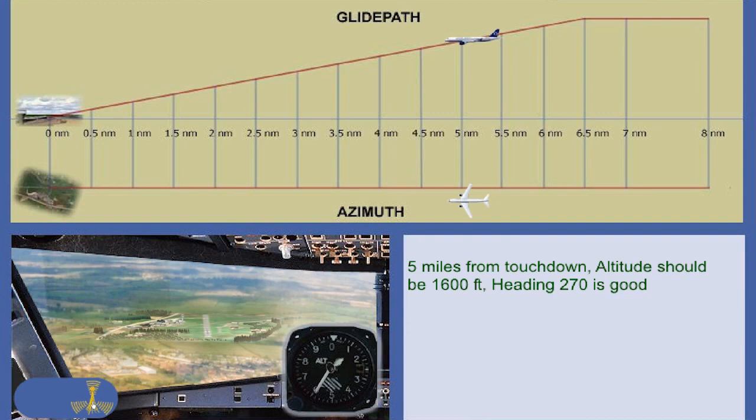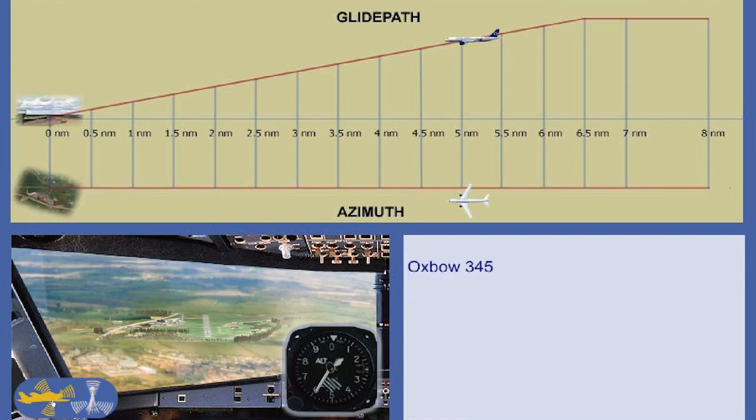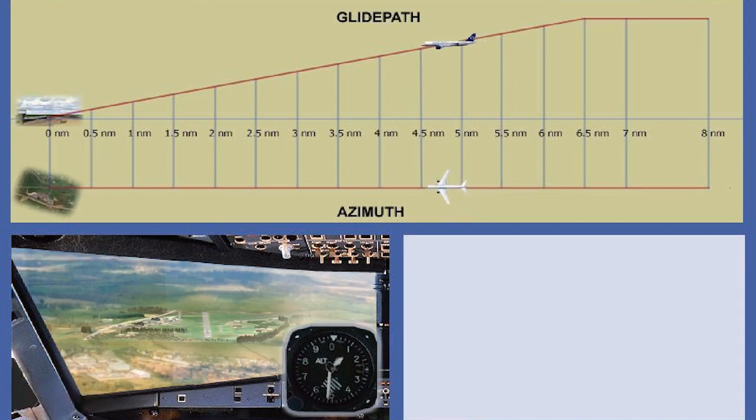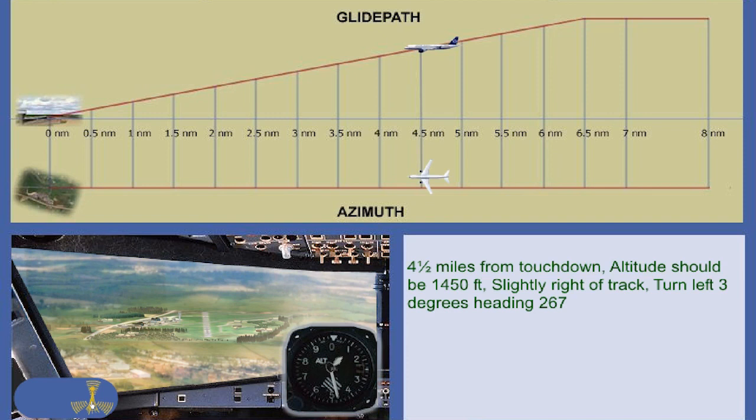Heading 270 is good. Oxbow 345. Four and a half miles from touchdown, altitude should be 1,450 feet.